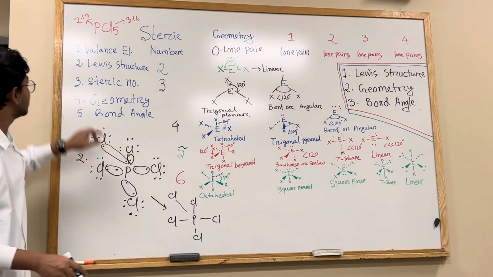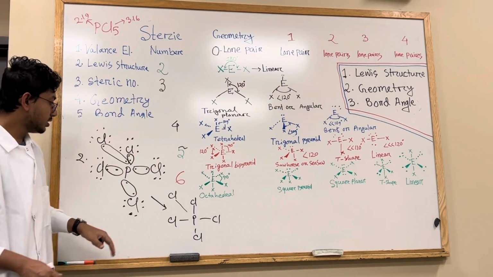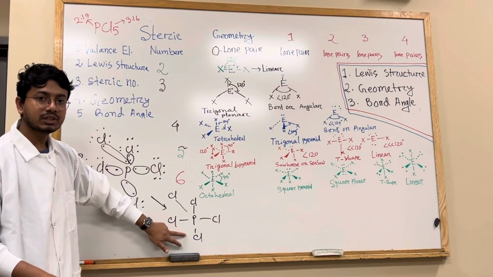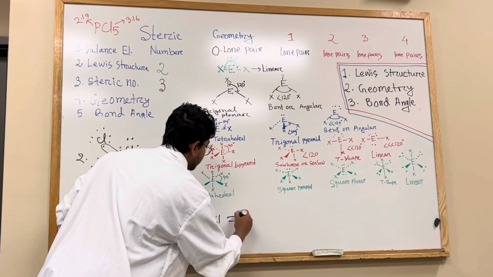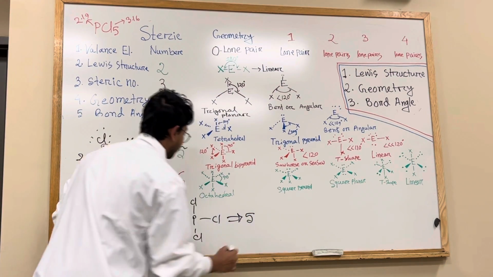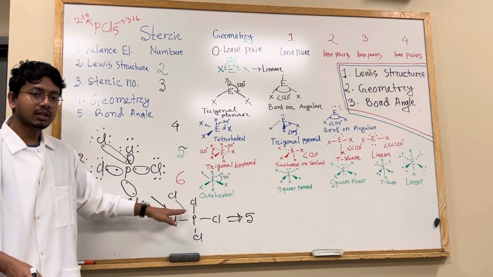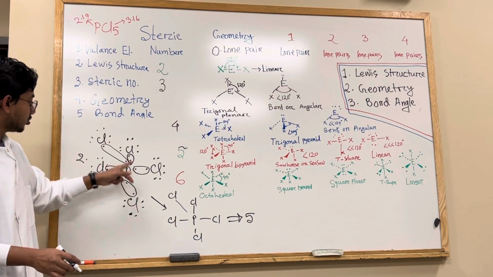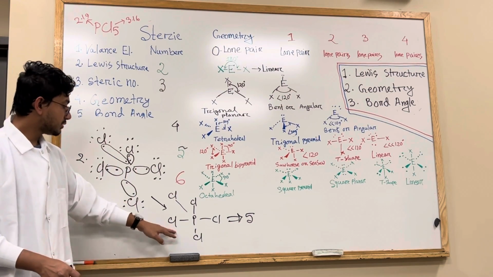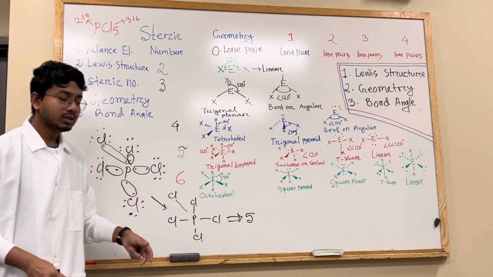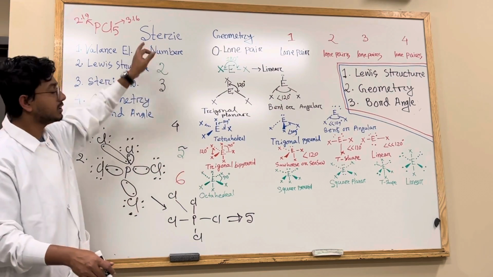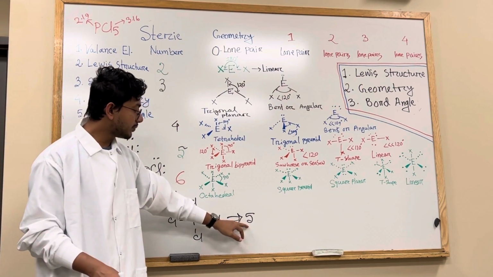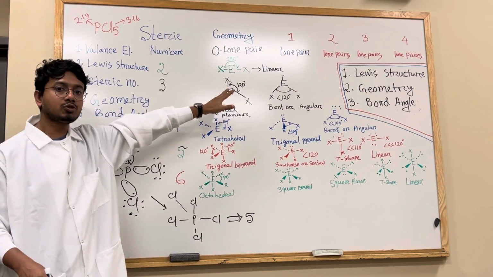Then we need to figure out the steric number. There are 5 single bonds, which means a steric number of 5, and there is no lone pair of electrons, so 5 is the steric number. Then we need to match that number with the table I already drew for you.